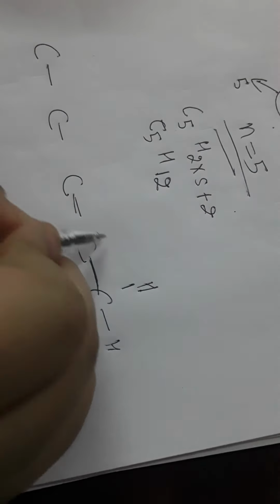See ethene. Ethene का formula what it will be? If I take n value 2, then C2H4. So one thing that you need to know in alkenes is that at least 2 carbon atoms will be there which will form a double bond.